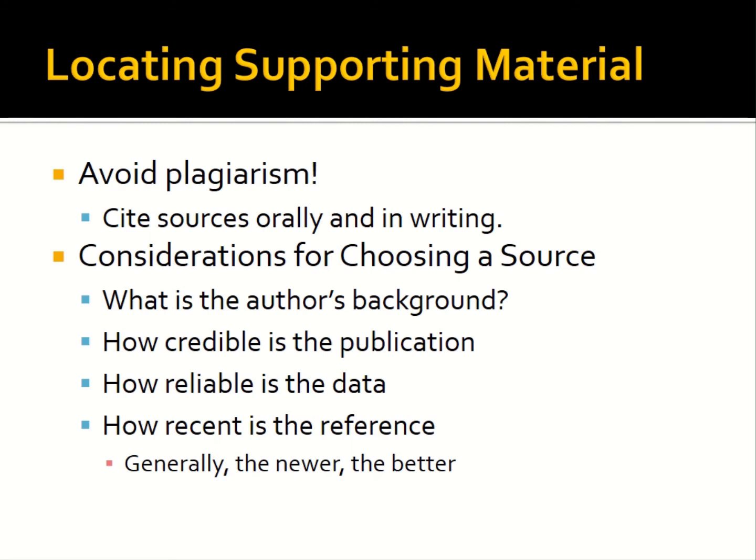When it comes to the credibility of the publication, the name says a lot of a publication. If it is an academic journal, then it's probably going to be fine. If it is a magazine, well, you may not want to place as much credibility in that publication.